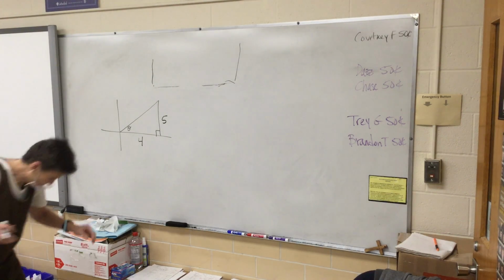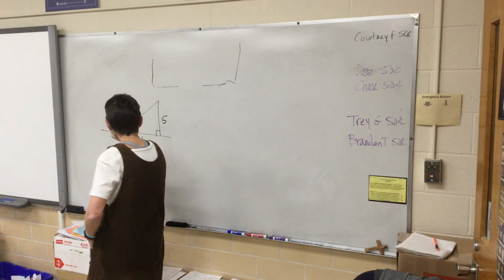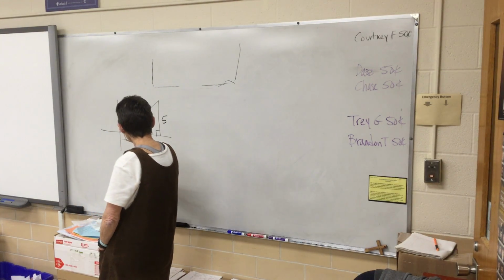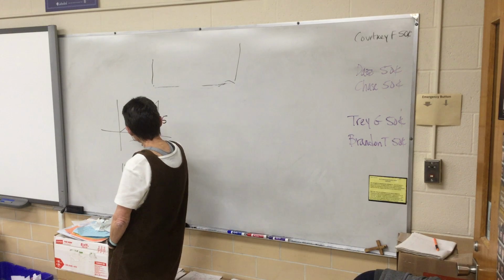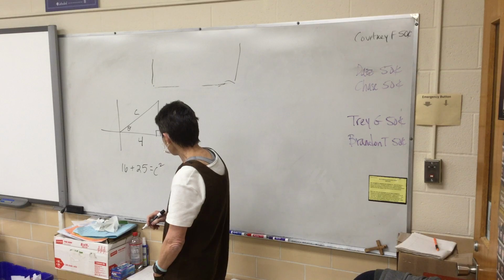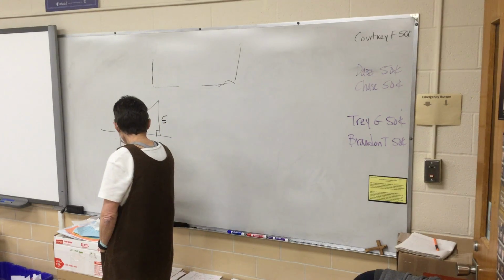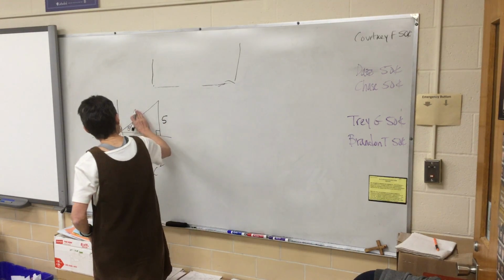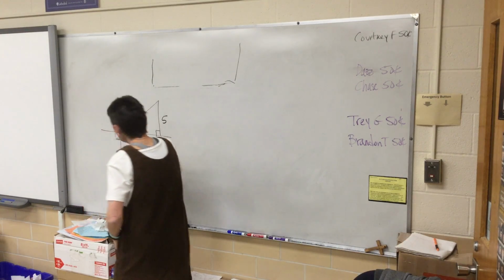All right, so here we go. A squared plus b squared equals c squared, right? The hypotenuse is always c. So what is that, 41? So it looks like c is the square root of 41.